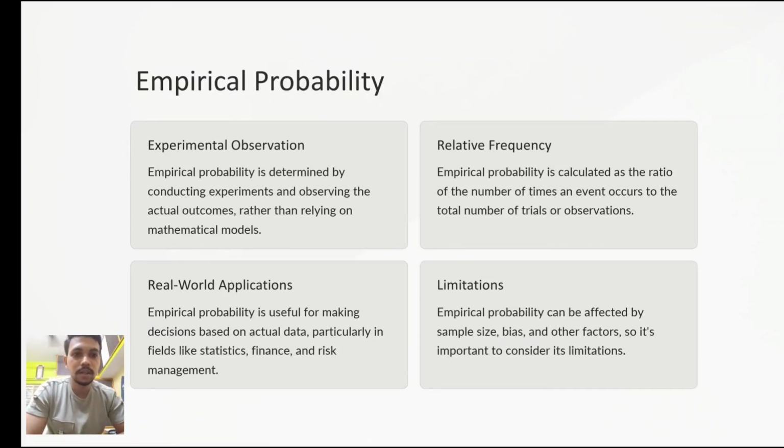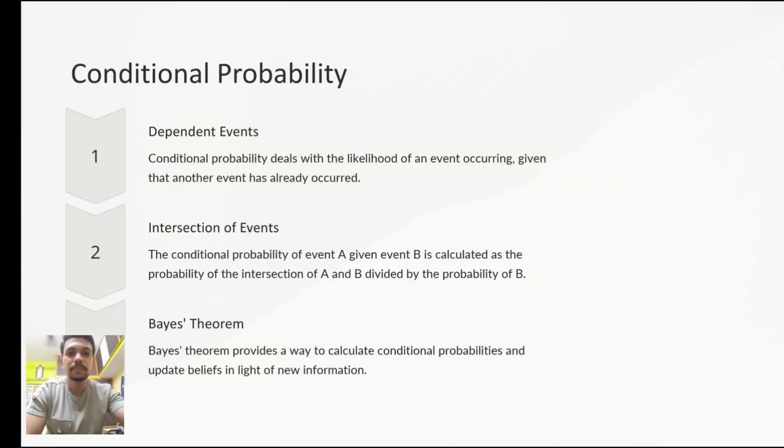The next one is limitations. It can be affected by sample size, bias, and other factors, so it's important to consider its limitations. And the next one is conditional probability. First condition is dependent events.